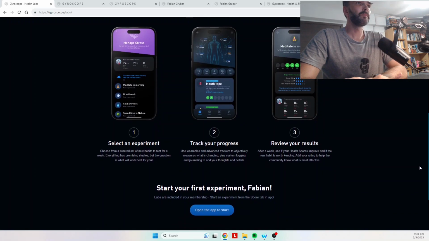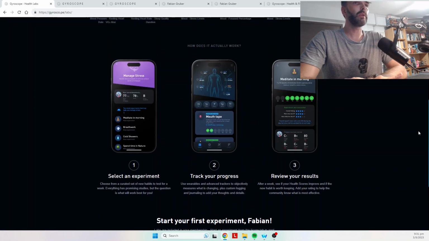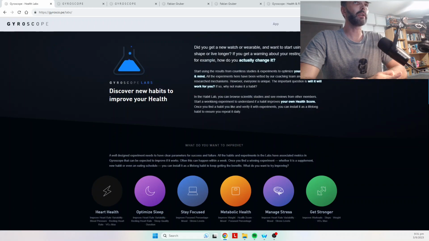For example, see how taking regular cold showers would affect your stress levels, etc. As I said, if you have never tried something similar, if you need a bit of a push, then maybe Gyroscope is really worth trying out.